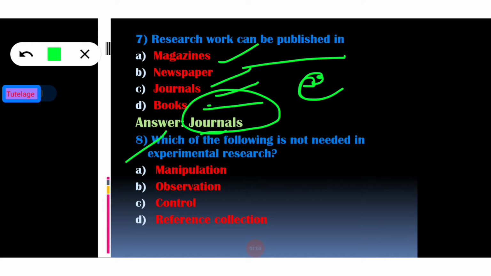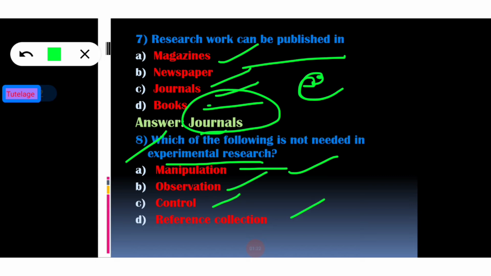Which of the following is not needed in experimental research? Which thing is not related to experimental research? There are four options as usual. First option is manipulation, then observations, control, and reference collection.